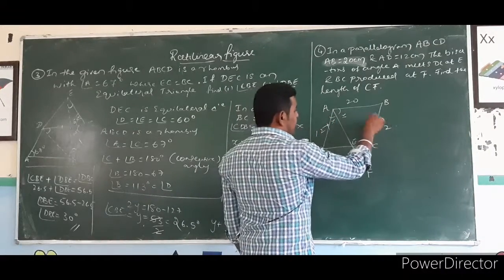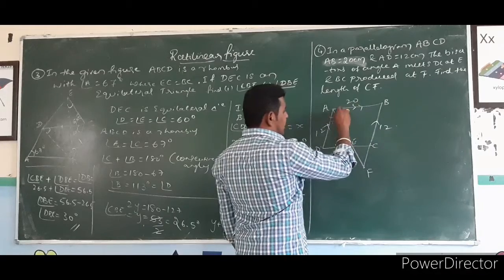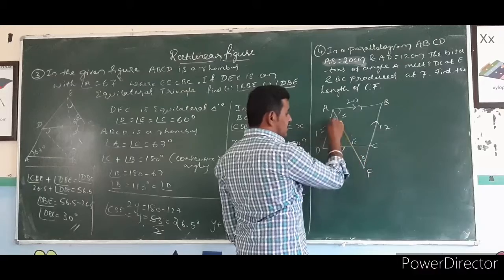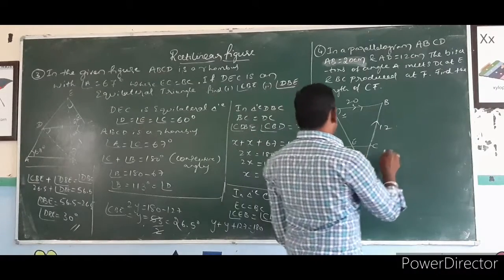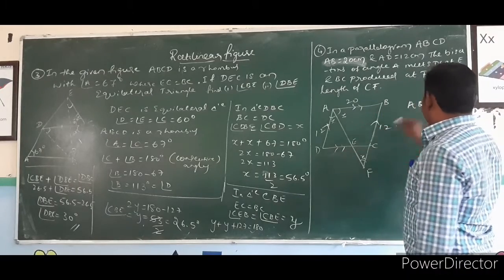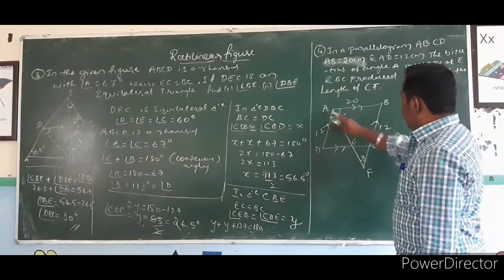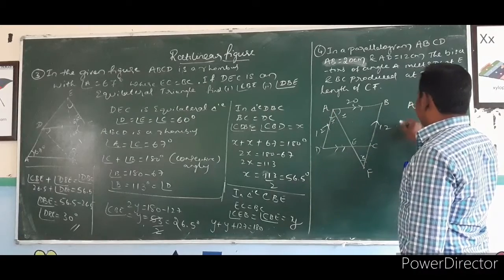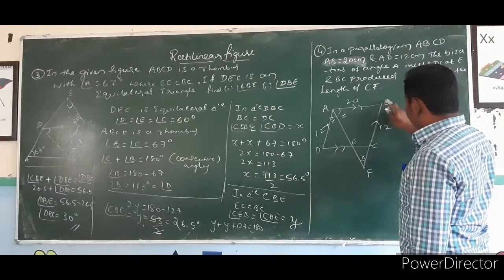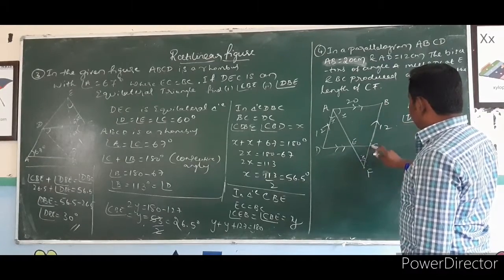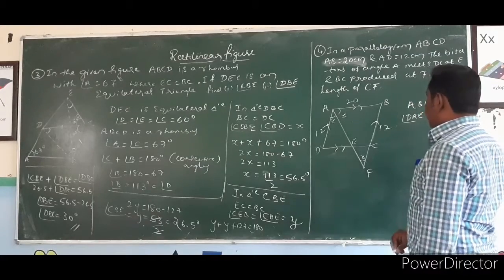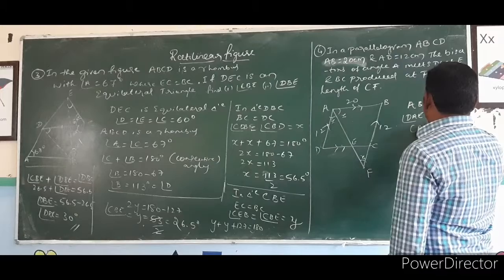These two sides are parallel, and this angle and this angle are equal because they are alternate angles. So if AB is parallel to DC, then angle DAE equals angle CFE because of alternate angles.